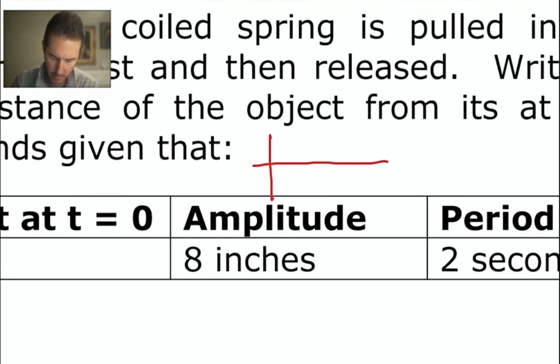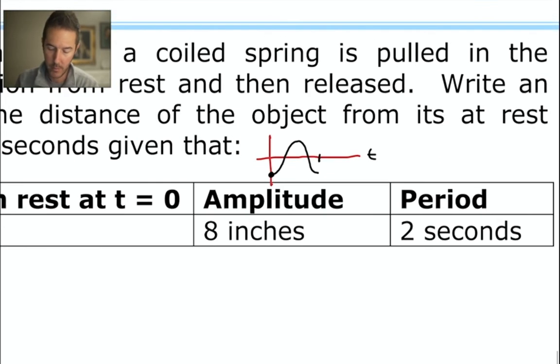we're starting 8 units below the at-rest position, and we're going to model this using the cosine graph. So I am drawing my way through time here, and what I've just depicted is 1 period worth of our function.